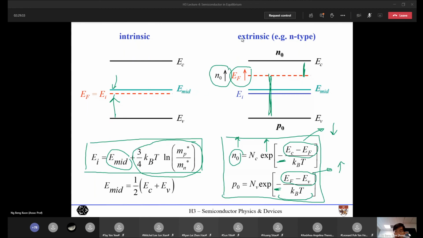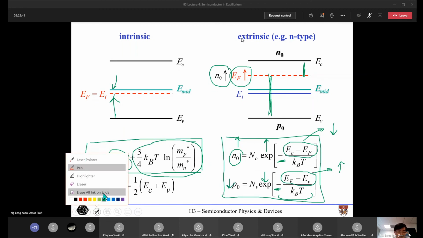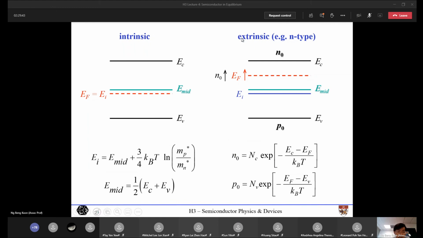If it's more negative, the exponential value decreases. That means P0 decreases. So in fact, if your EF were to increase, that means it gets nearer to the conduction band edge, and you find that N0 increases and P0 decreases.